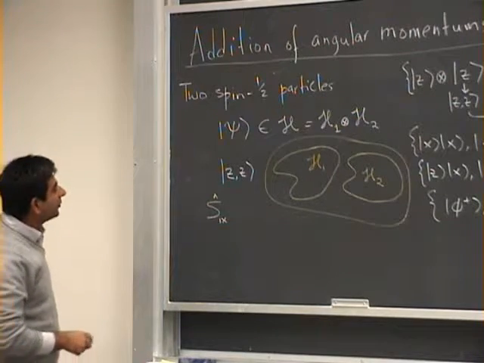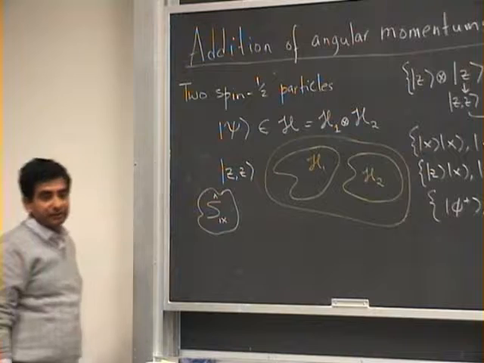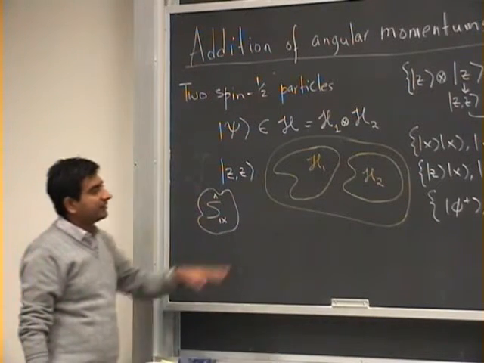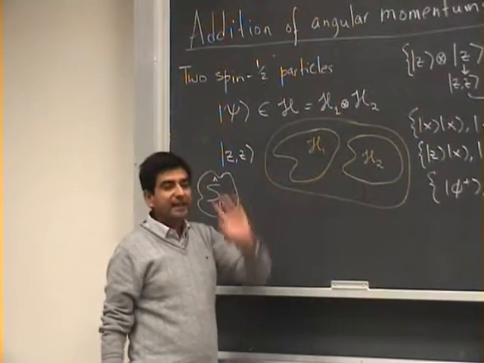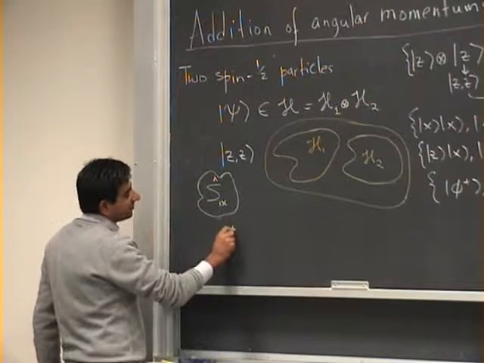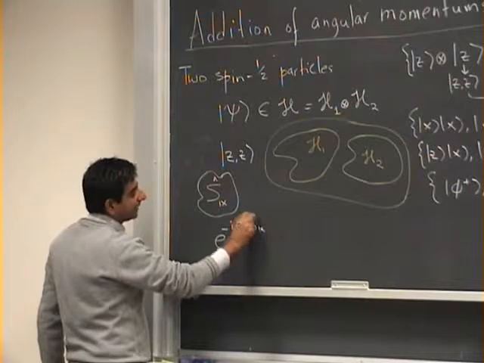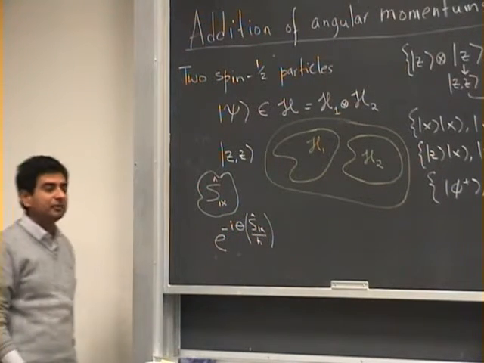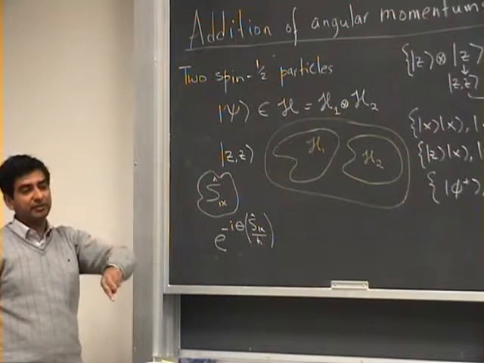Alright? So we also know that this angular momentum operator is a generator of rotations. Any rotation that takes place in the first Hilbert space has nothing to do with the second Hilbert space. Such a rotation can be written as e raised to the minus i theta S1x over h bar. Correct? So S1x is a generator of rotation in the first Hilbert space.